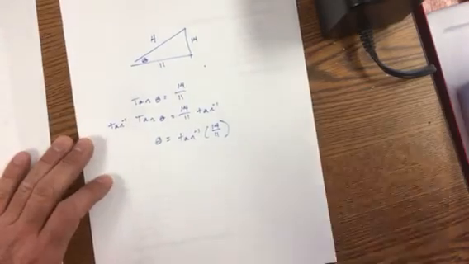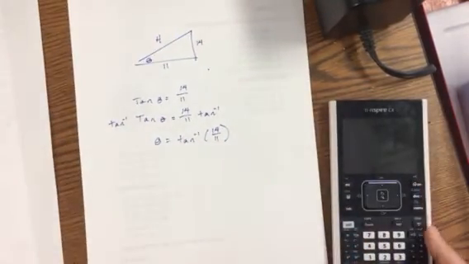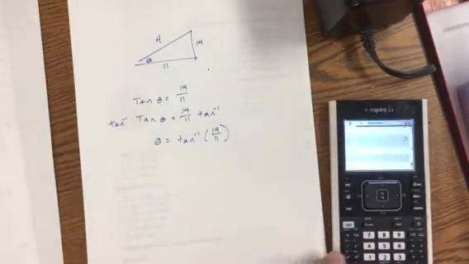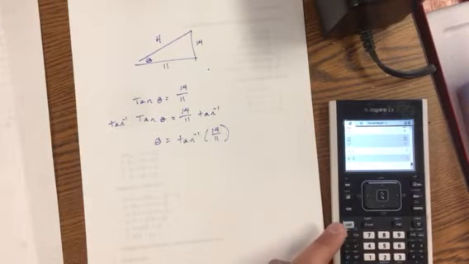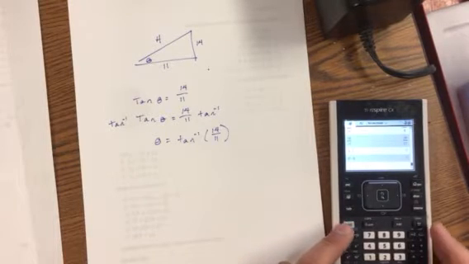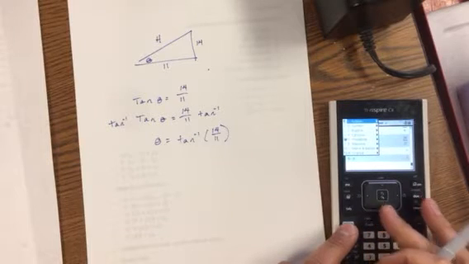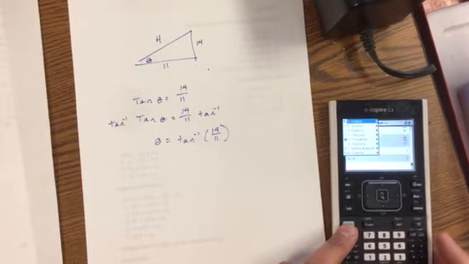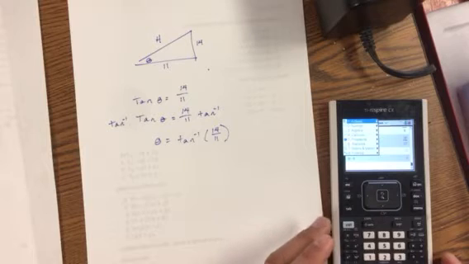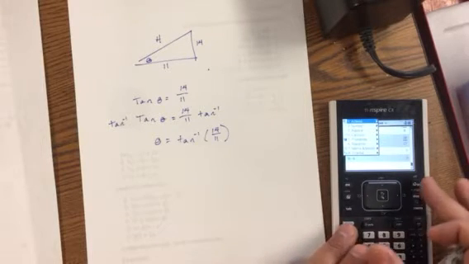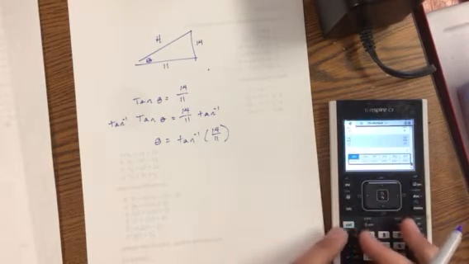I'm going to approximate my angle to 2 decimal places. So on the calculator, I'm just going to go in and do the inverse tangent. There's a trig button.